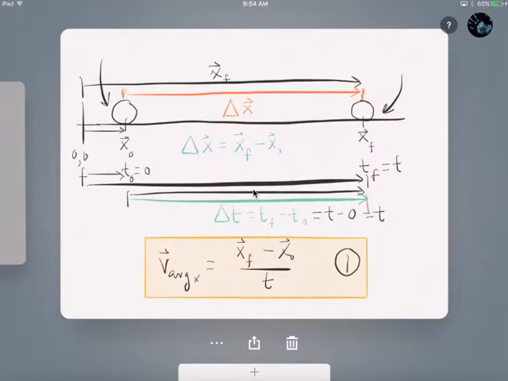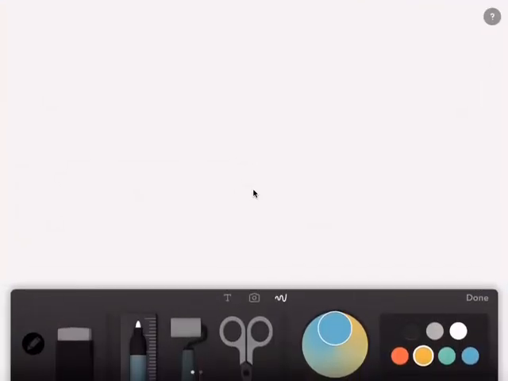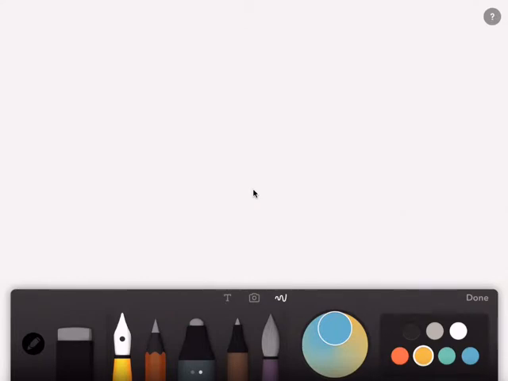So let's come up with a new one. We're going to look at the average velocity again in the x direction. And this is just going to equal our initial velocity in the x direction plus our final velocity in the x direction. Both of these are vectors, and we are just going to divide this by 2.